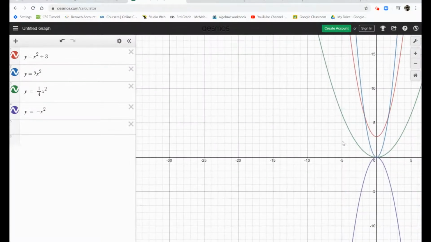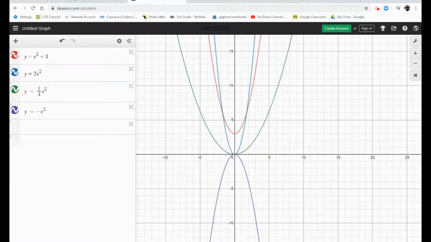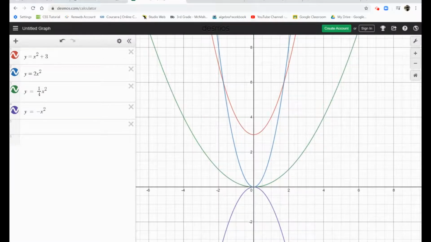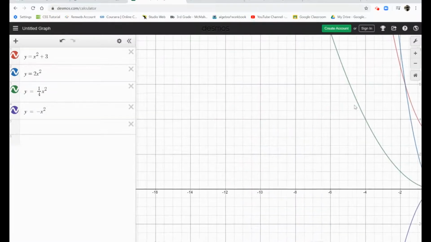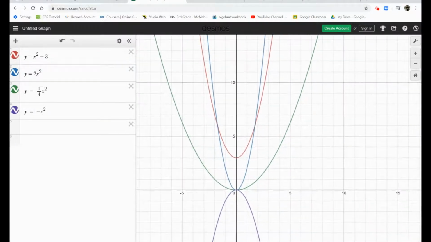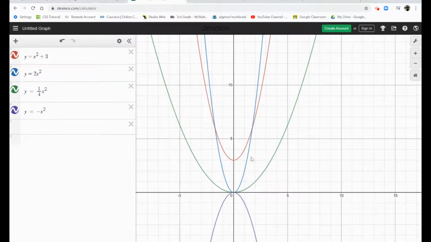At 0, 3 right here, we can see the vertex because we just shifted up 3 units.